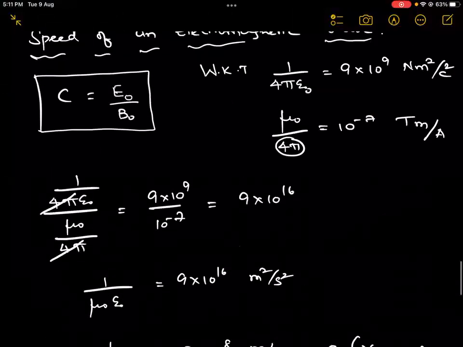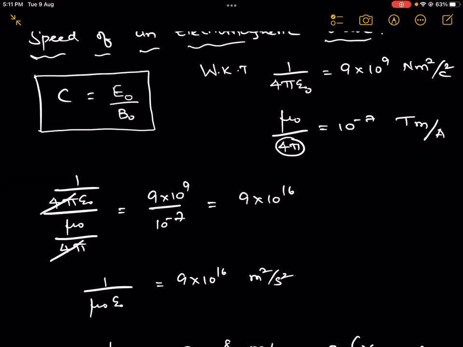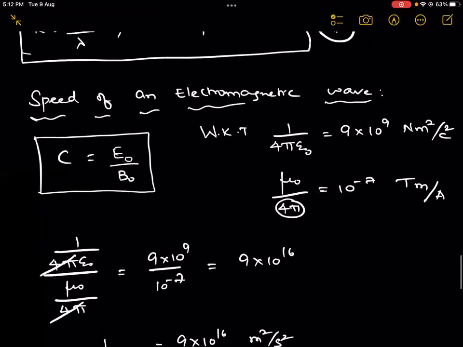So these are all the concepts we saw yesterday, right? The speed of an electromagnetic wave.